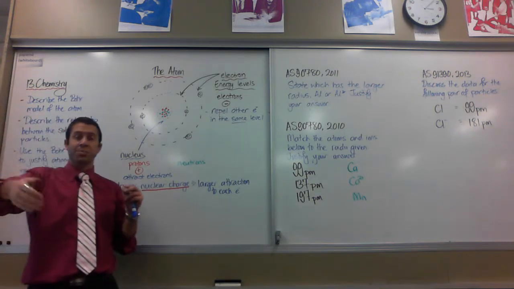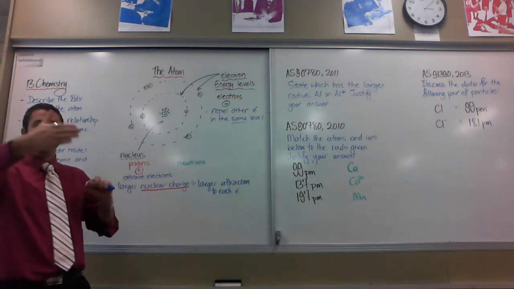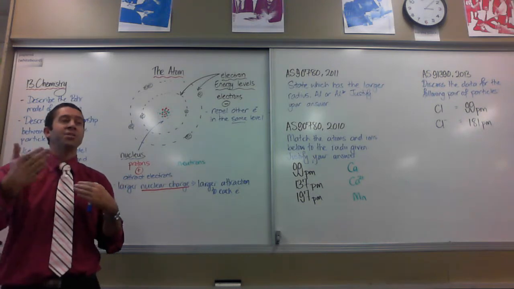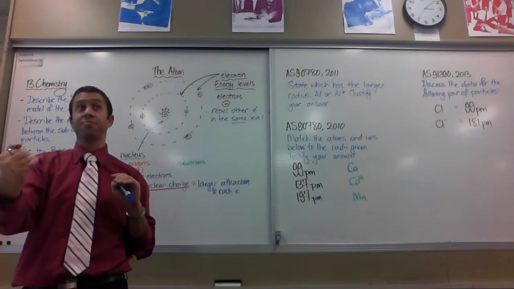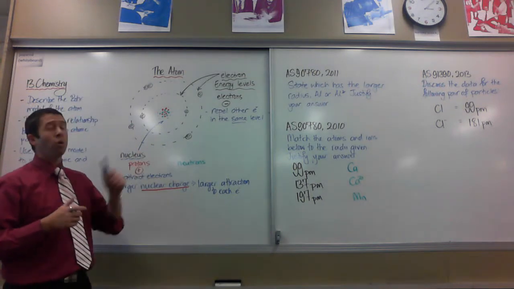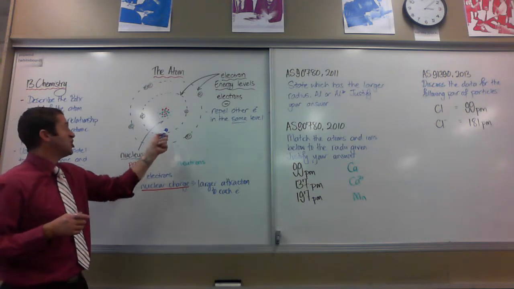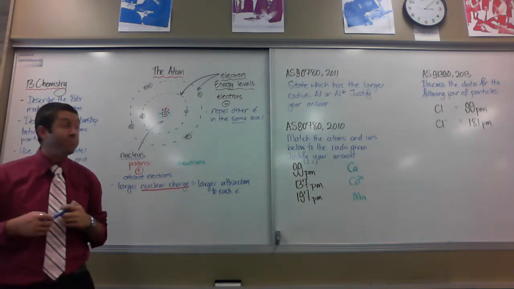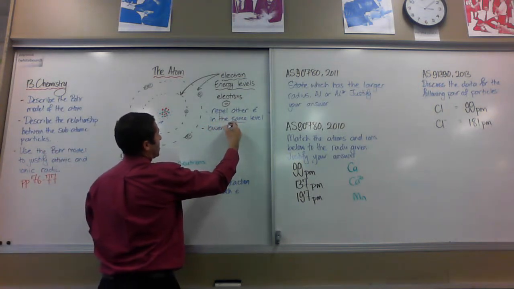So if you had 2 magnets but you put some bits of paper, then the paper won't do much, but if you start putting some books in between them, lots of bits of paper, then you start diminishing the strength of attraction between the 2 magnets. Okay, so it's very similar to that. We call this shielding. Electrons at a lower energy level shield the effect of the nuclear charge. They make it weaker.